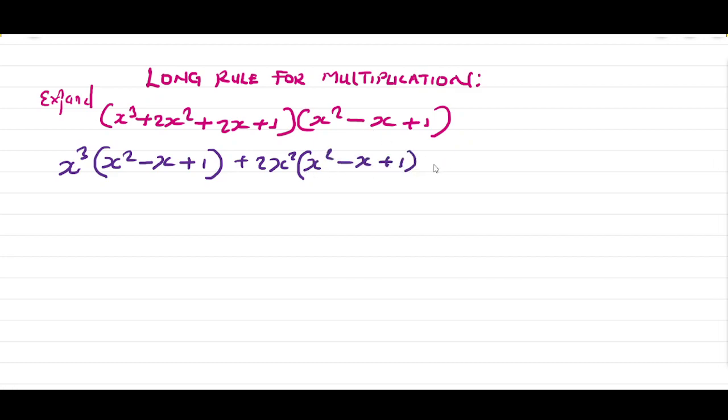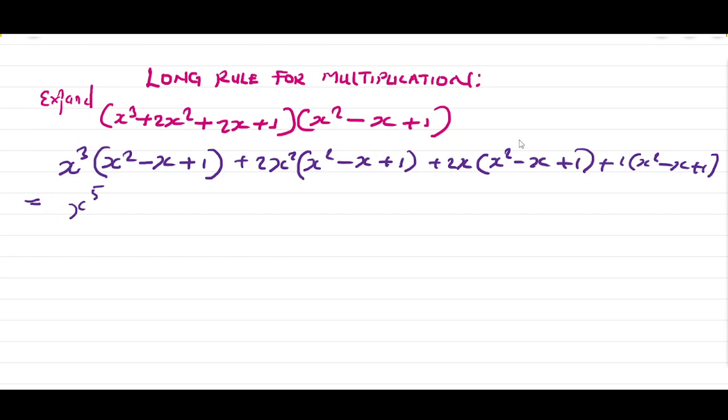We'll continue like this, then 2x multiplies x squared minus x plus 1, and finally 1 multiplies x squared minus x plus 1. One disadvantage of this method is that you get x to the fifth power, and after you are done multiplying out, you have to collect like terms.